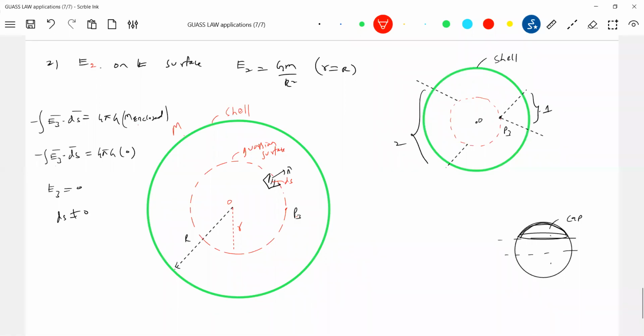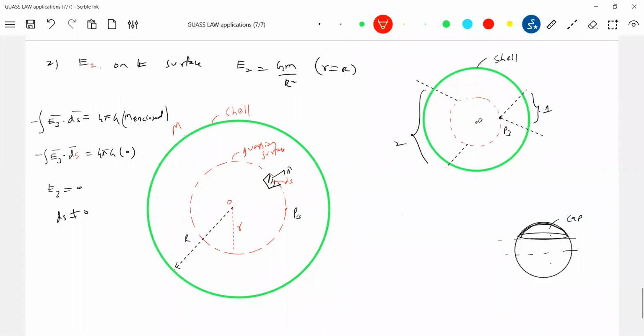Don't write ds as 0. Gaussian surface, you assume, no? So what is the surface area of a Gaussian sphere? 4 pi r square. Agree with this one? So like this, what happened? The field inside the shell will be 0, means everywhere inside the shell the field will be 0.